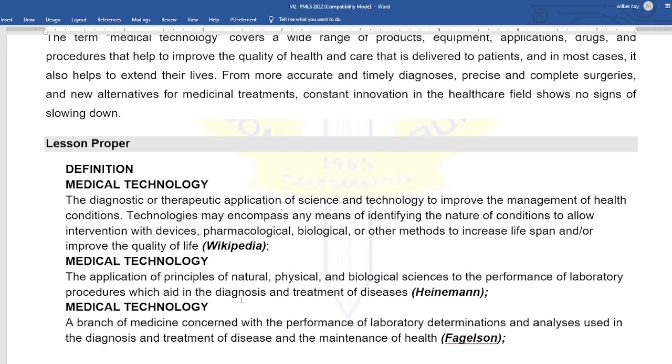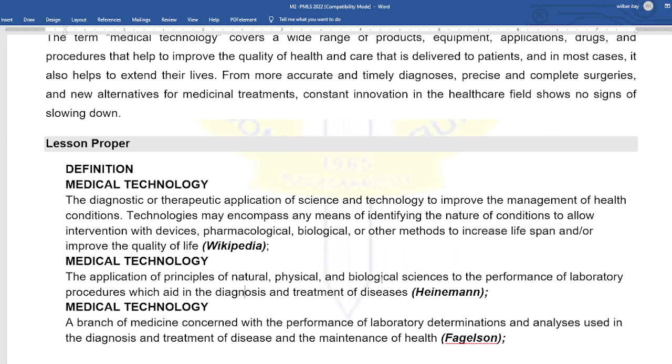This one still is about the application of principles, be that natural, physical, or biological sciences. But in here, unlike in the definition of Wikipedia, it mentioned that it is to increase the lifespan or improve the quality of life. So it is the end goal of the function of the medical technology profession.